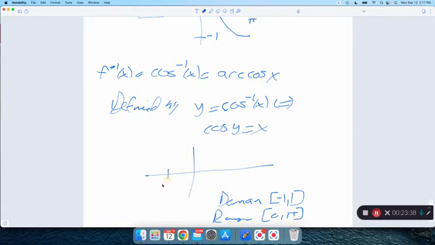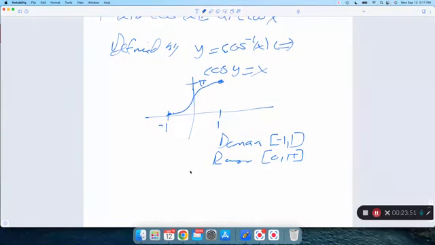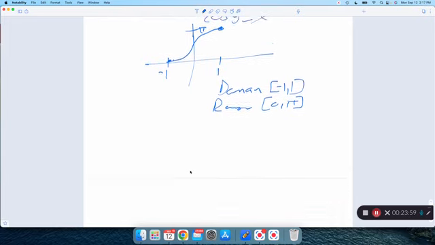So domain negative 1 up to 1, range is 0 to pi. His graph kind of looks like this. That is also a 1-to-1 function. If a function has an inverse, both he and the inverse are 1 to 1.